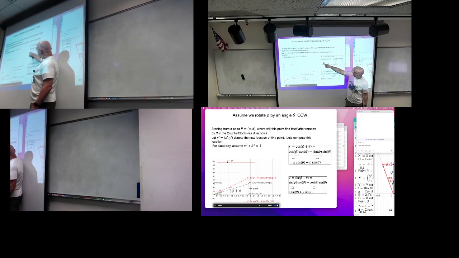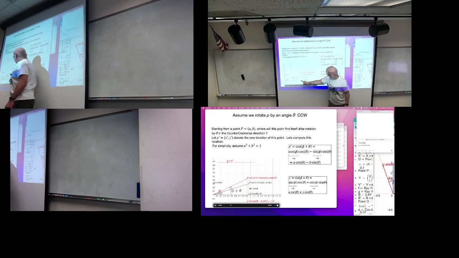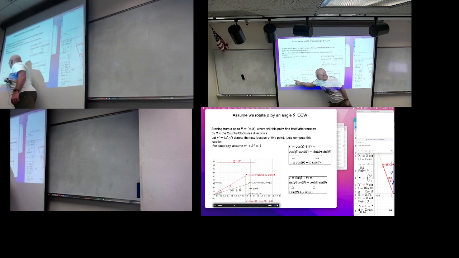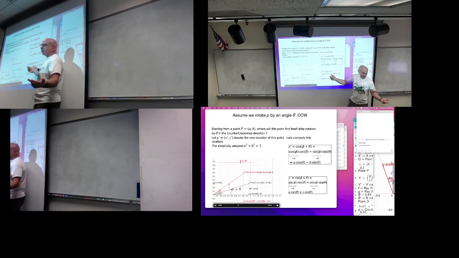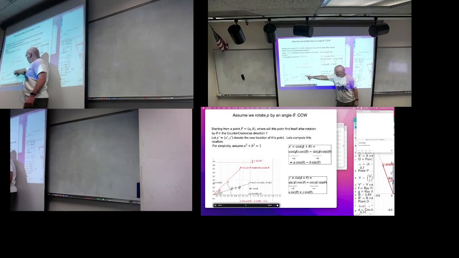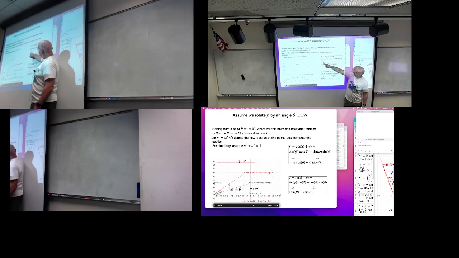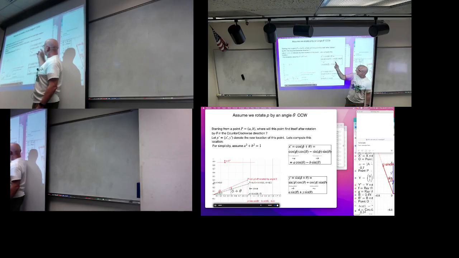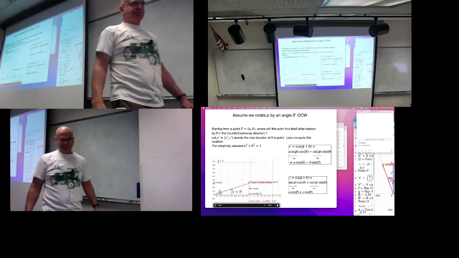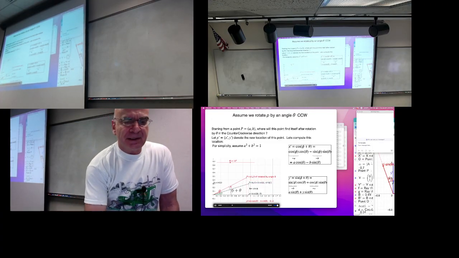But now I realize that P cosine phi is nothing but the projection of P on the x-axis, also known as the x-coordinate of P, what we called A, and similarly for B. So we have now a formula that says the new x is just the old x times cosine theta minus the old y times sine theta. And similarly for the y-axis.